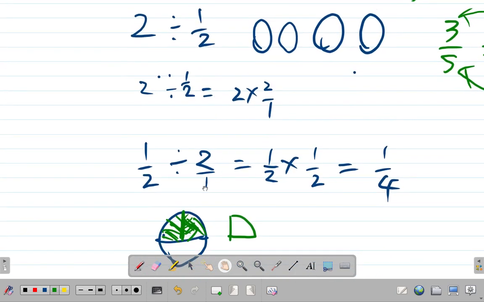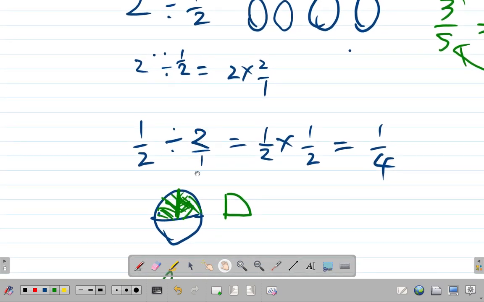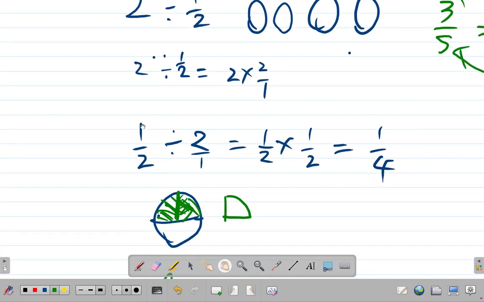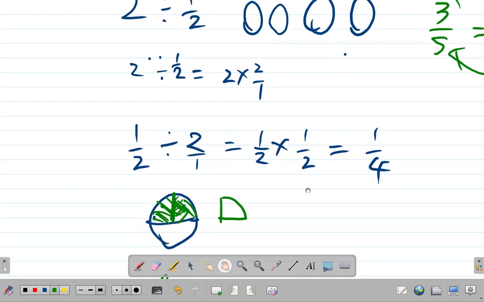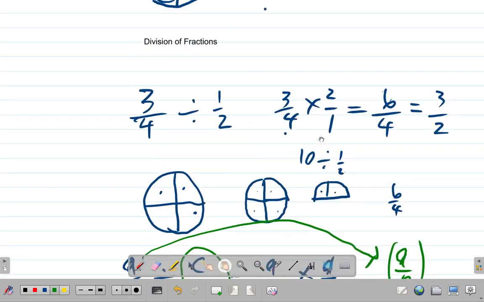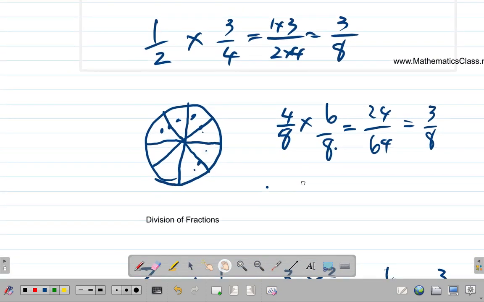And remember, if you have a fraction divided by a number, you can always write the number over 1, so it looks like a fraction. So you say the fraction you have multiplied by the reciprocal of 2 over 1, or 1 over 2, the reciprocal of the denominator. Alright? So make sure you understand the multiplication and division of fractions.